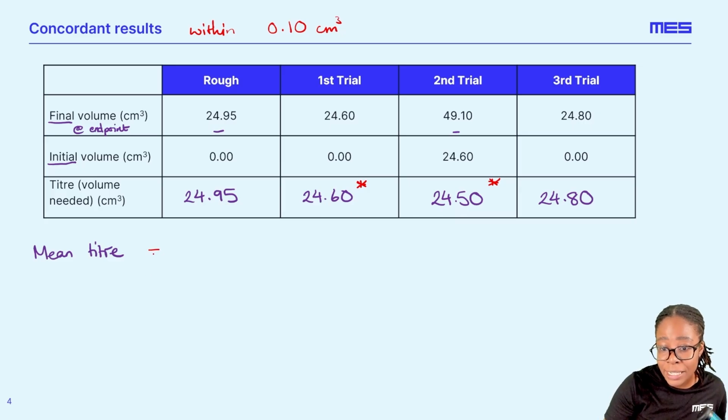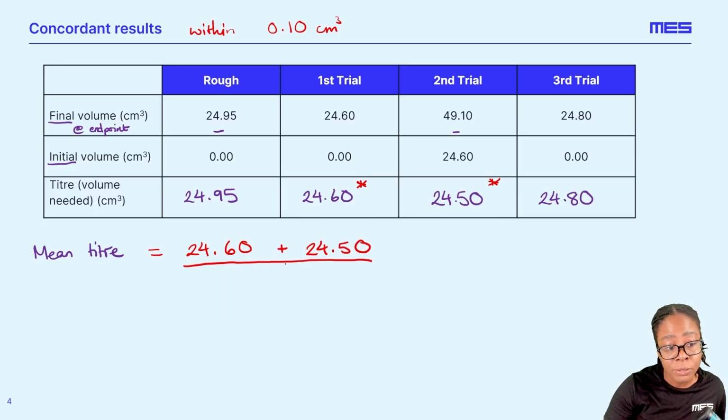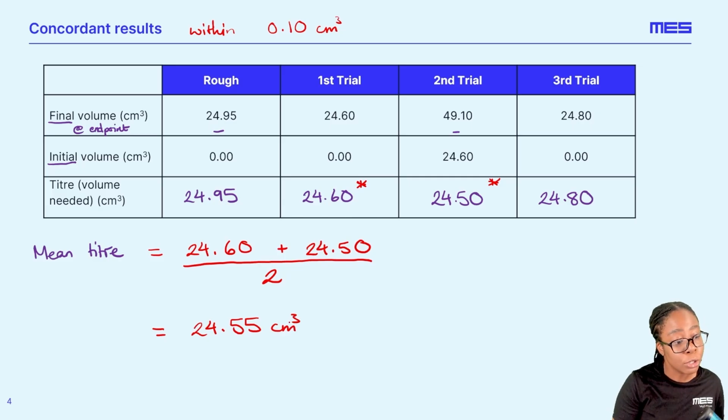So when we're calculating the mean titer, we'll only use those concordant results: 24.60 plus 24.50 divided by the number of values that we've used, which in this case is 2, to give us a mean titer of 24.55 centimeters cubed as our final answer.